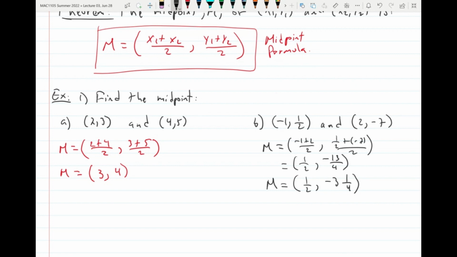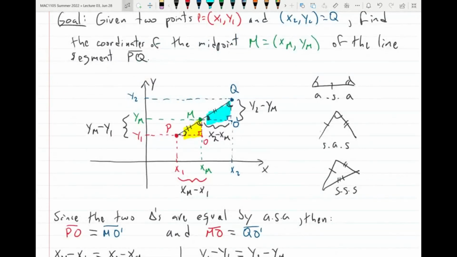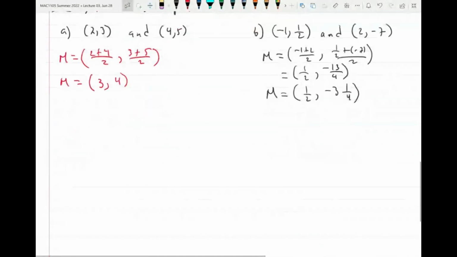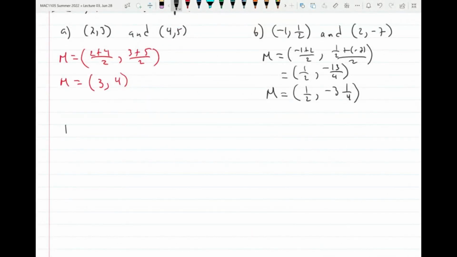Now the next question that we wanted to address is distance. How do we find the distance between two points? So, the distance formula.